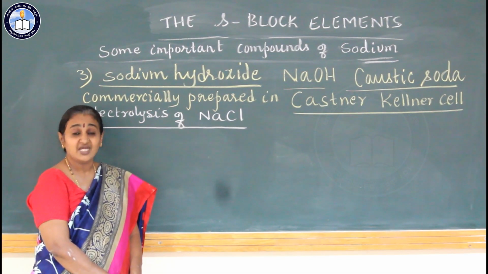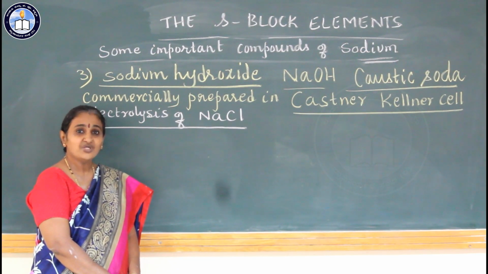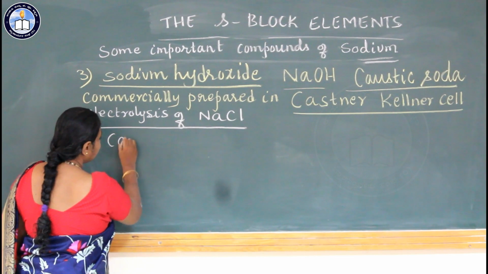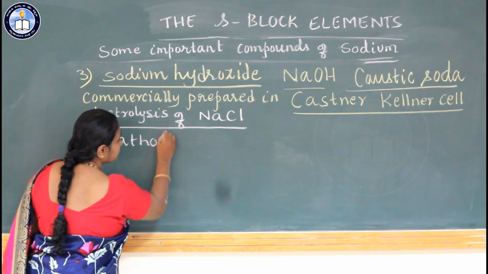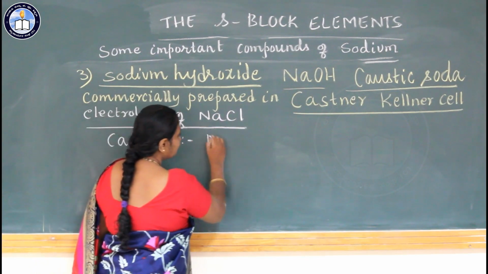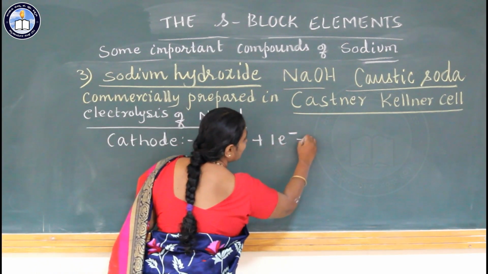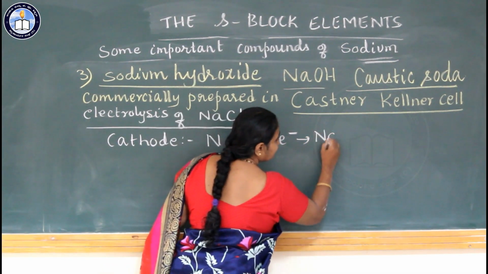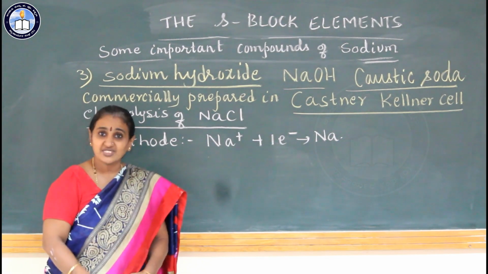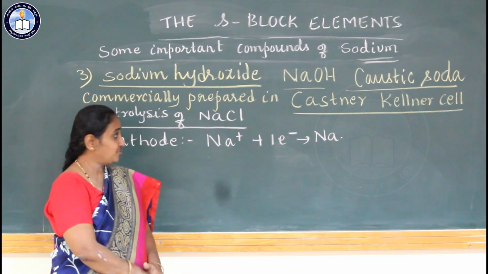So let us write the electrolytic reactions at the cathode and anode. At the cathode, sodium ions accept 1 electron, and sodium metal is deposited on the mercury cathode.